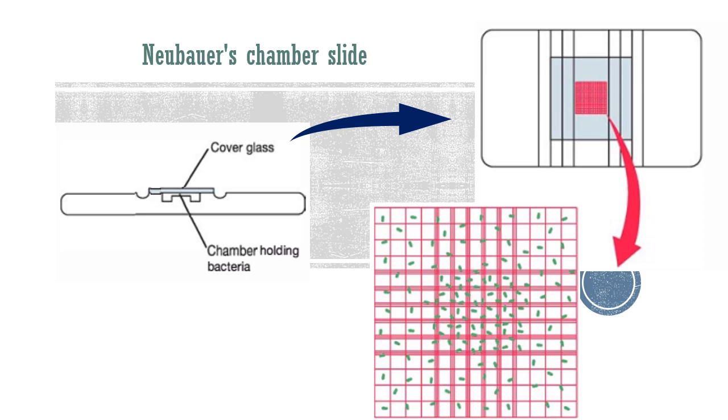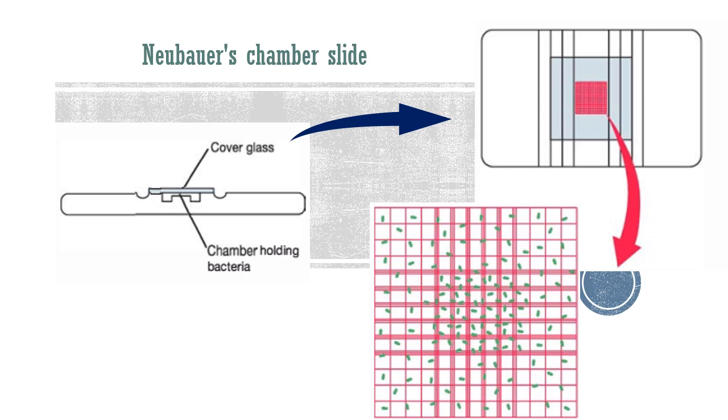When the suspension from the specimen is placed between the slide and cover slip by capillary action, you can introduce your sample with the help of a pipette or micropipette. All the chambers will be filled. Organisms from all the chambers are counted directly under the microscope. The average count of bacteria per chamber will indicate the number of bacteria present in 1/4000 cmm.